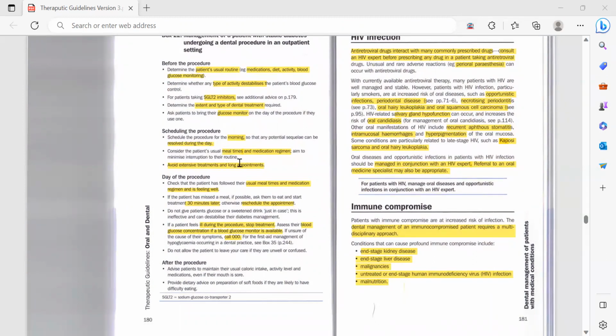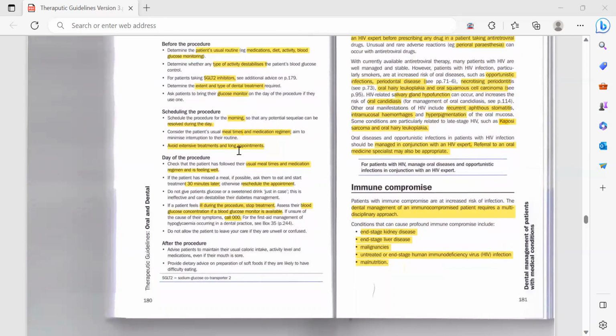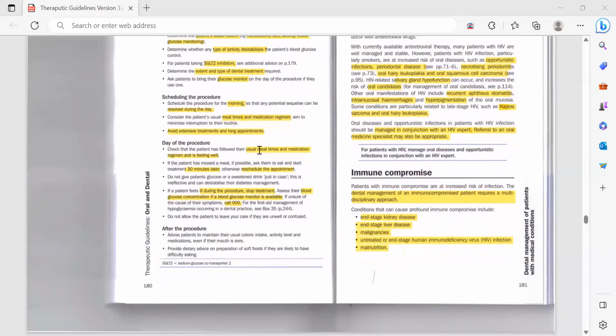Aim to minimize interruptions. Do not interrupt their meal and medication timing. If they regularly have breakfast around 8 a.m., you should make the appointment around 9. That would not interrupt their routine, and avoid extensive treatments and longer appointments.